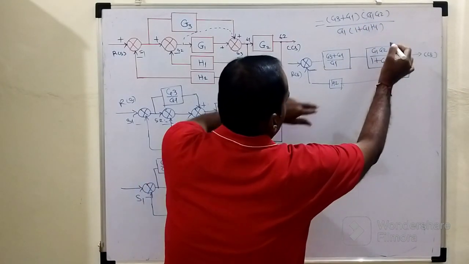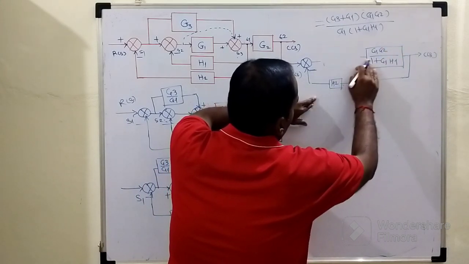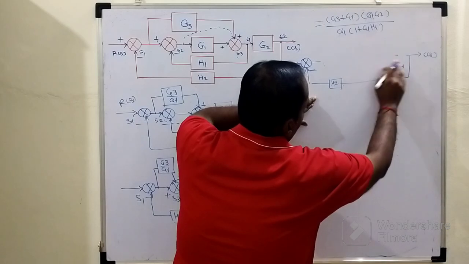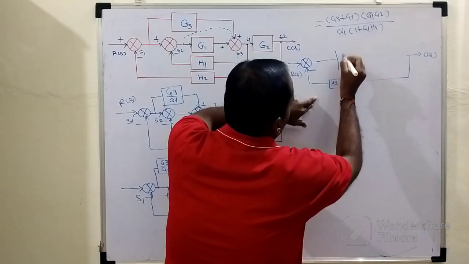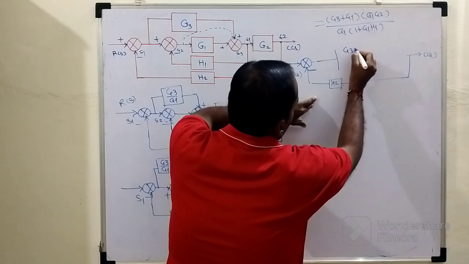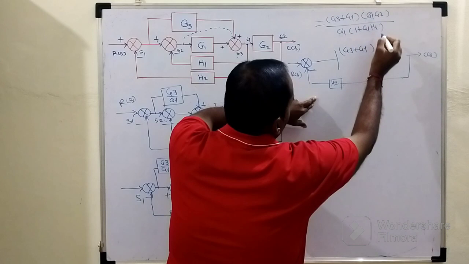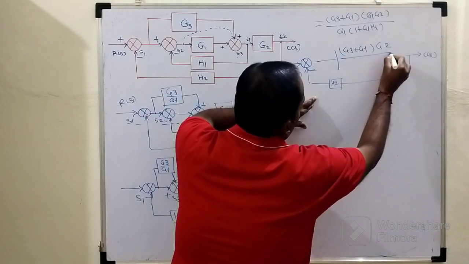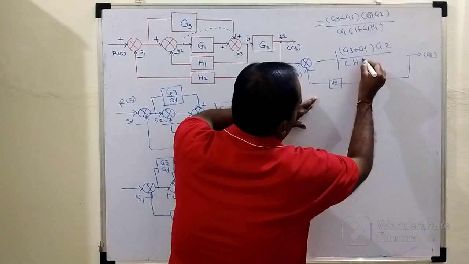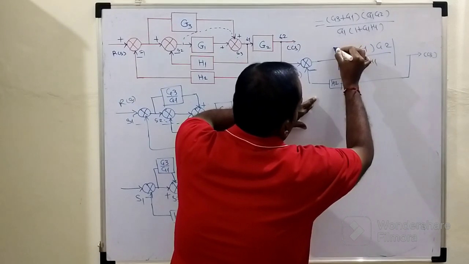G1 will get cancelled. So as a result of multiplication, the gain will become (G3 + G1) times G1 into G2 divided by 1 plus G1 into H1, right?